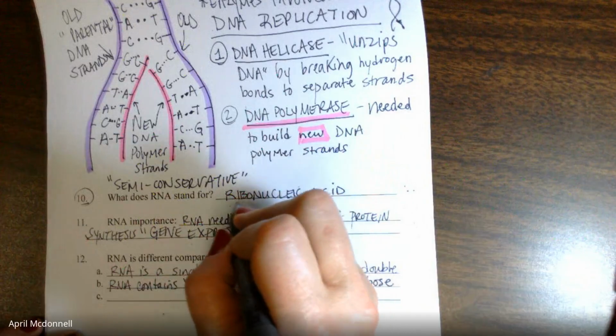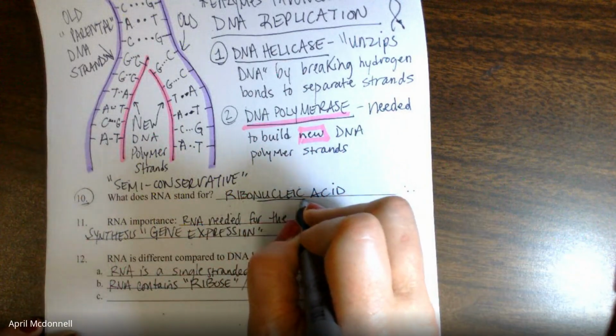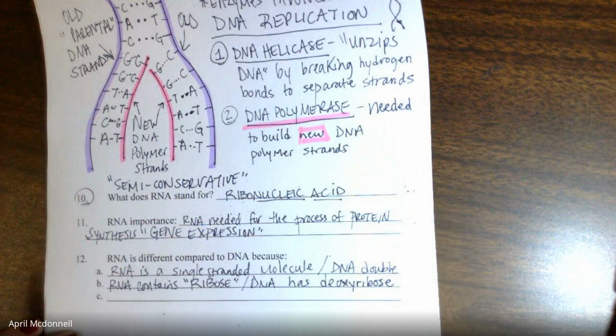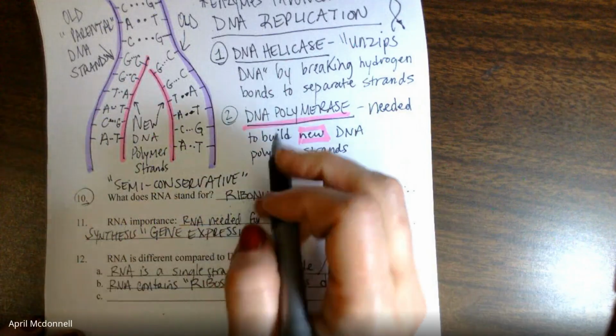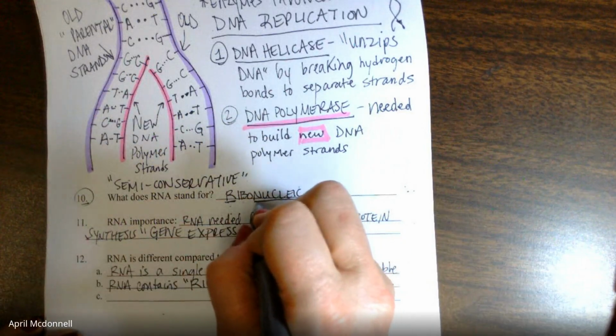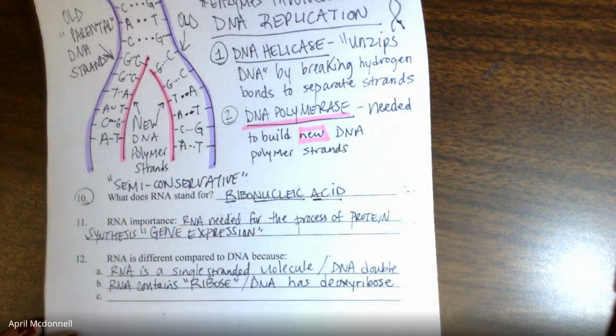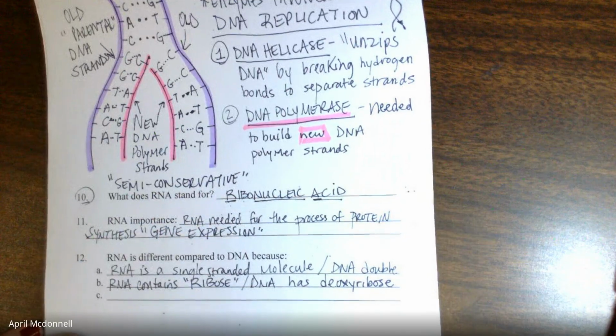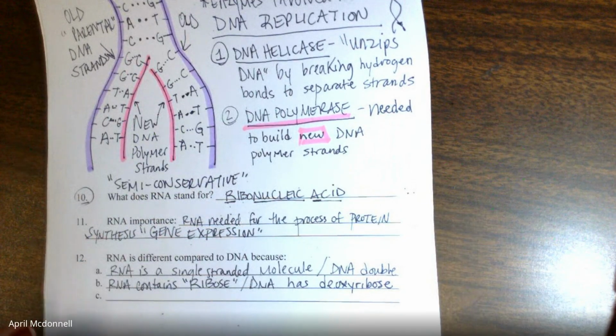Again, RNA is in that category of substance called nucleic acid. This is how it gets its name, RNA. However, it is similar but also different than DNA, which is also a nucleic acid. Recall that DNA is a polymer which is made of nucleotide subunits that are connected together.